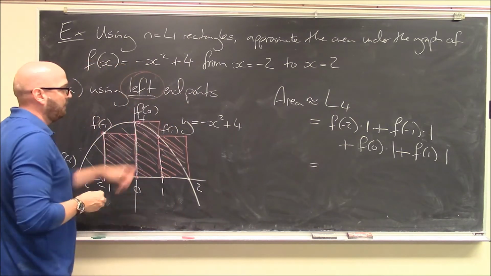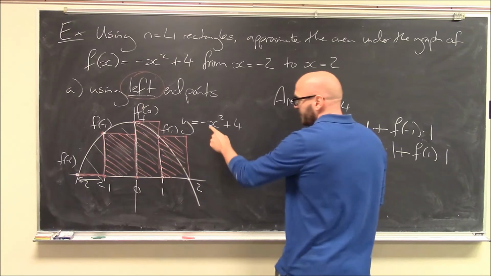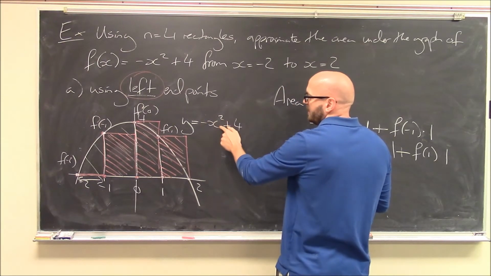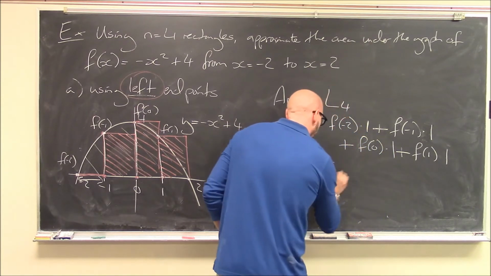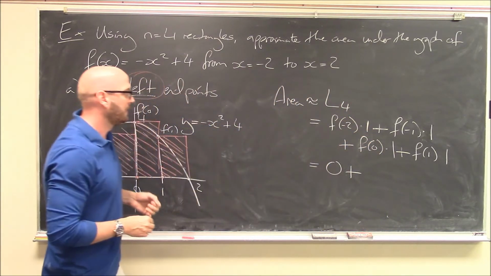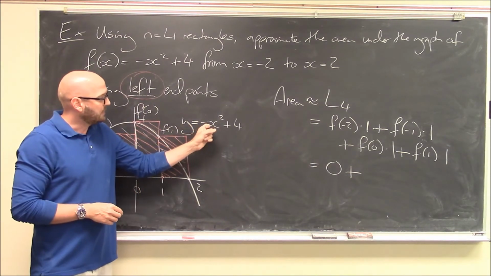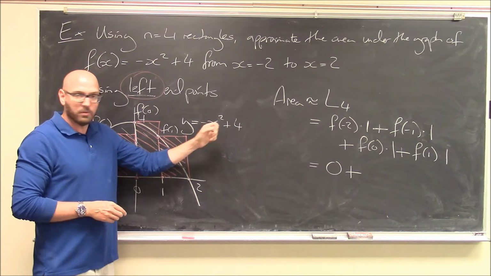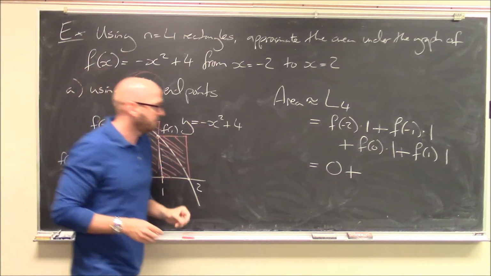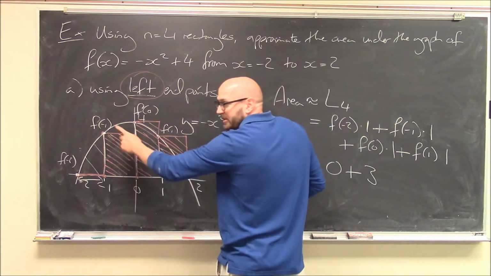So what are they? f of minus 2, well, we'll plug it into our function. f of minus 2 is going to be minus 2 squared, so minus 4, plus 4 is just 0. I'm not going to write the times 1s anymore because they're a little bit redundant. f of minus 1, we'll plug minus 1 into our function. Minus 1 squared is positive 1. So minus 1 plus 4 is 3. Looks about right based on our graph.